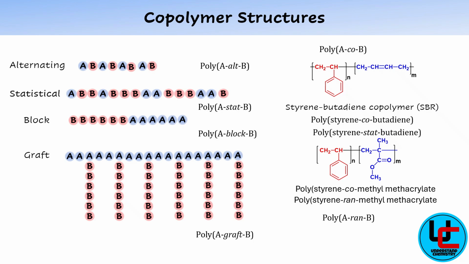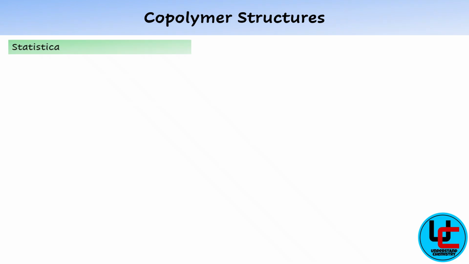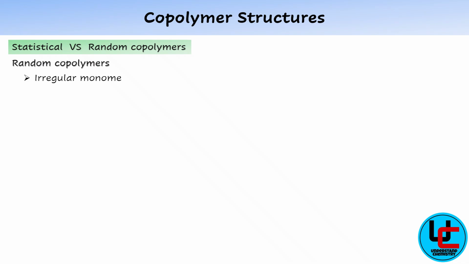This is interesting. In the last example, where monomers are random, we say statistical copolymer, but in this example, we are saying a random copolymer. So let us understand the difference between random and statistical copolymer. Random copolymers have an irregular monomer sequence. There is no predictable pattern, meaning the arrangement of A and B units is purely random.